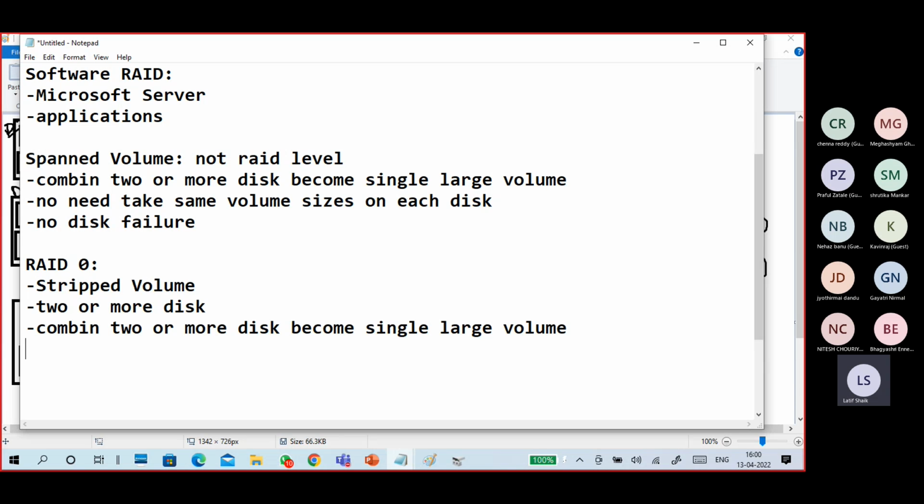Span volume is also the same thing, but span volume does not belong to any enterprise kind of setup. You can implement a span volume anywhere. And of course, there is no disk failure tolerance. You can connect different types of devices too. But a RAID 0 striped volume is faster than that.